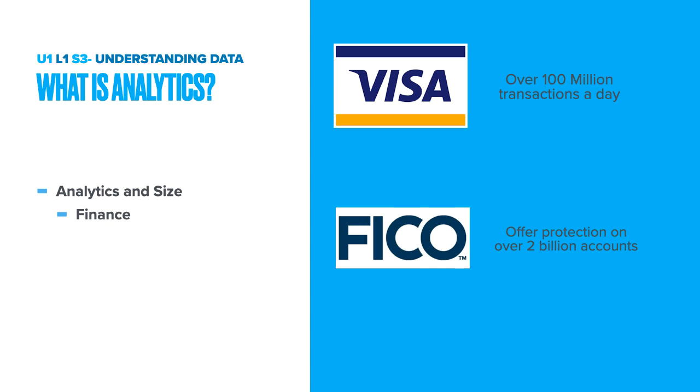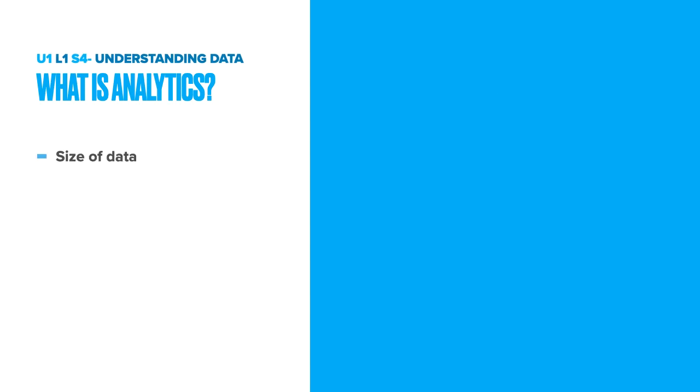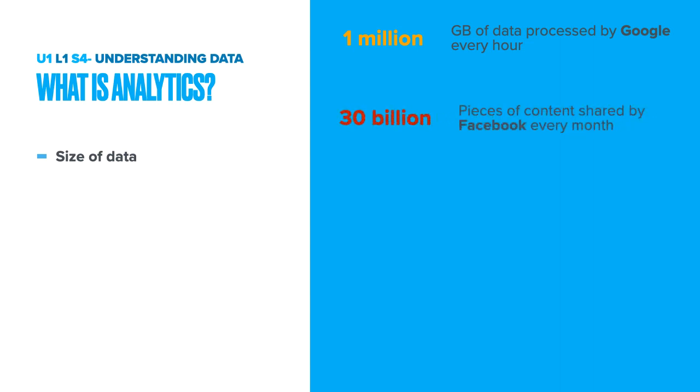Now let's talk about us, common people. So if we talk about Google, Google processes 1 million gigabytes of data every hour. If we talk of Facebook, 30 billion pieces of content are shared on Facebook every month. 2.8 trillion rows of data is there with Sprint.